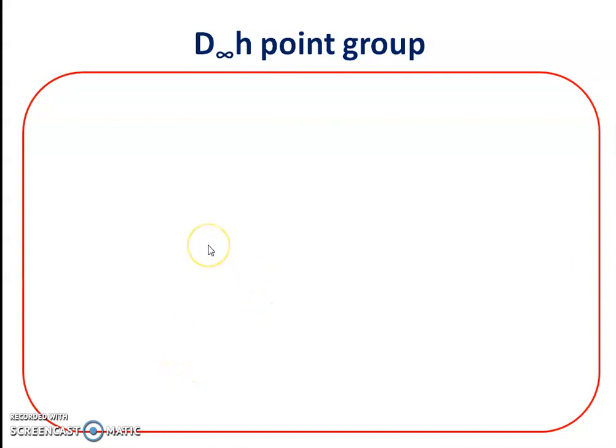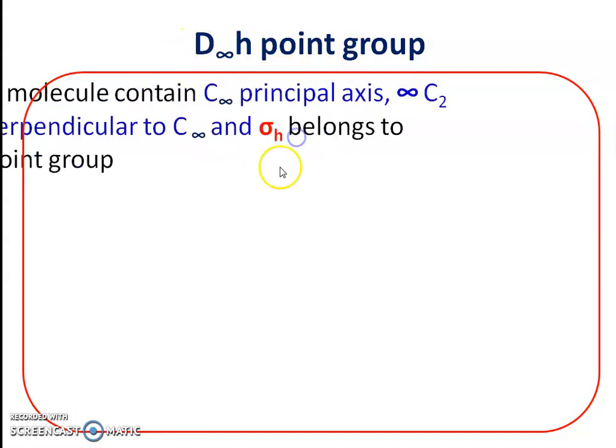Now the next point group, that is the D infinity H point group. The meaning of the D infinity H point group is: in a molecule, when there is a C infinity principal axis and an infinity number of C2 secondary axes at right angles to the C infinity principal axis, and additionally there is a horizontal plane perpendicular to the principal axis, then the molecule belongs to the D infinity H point group.